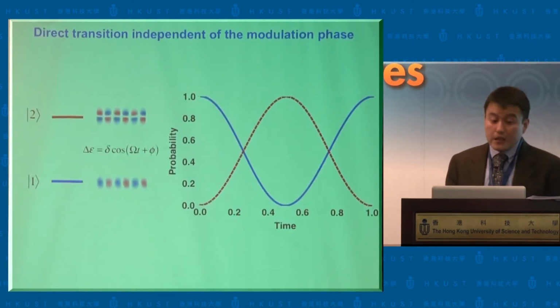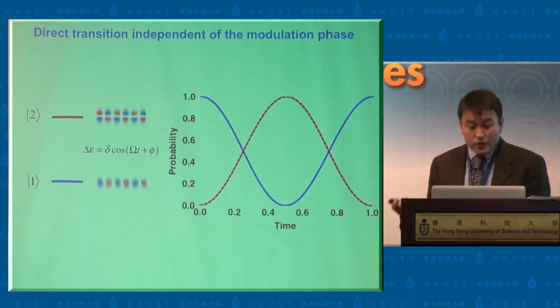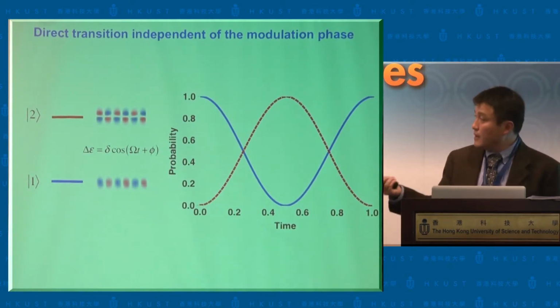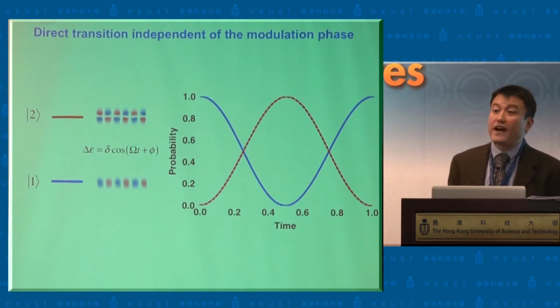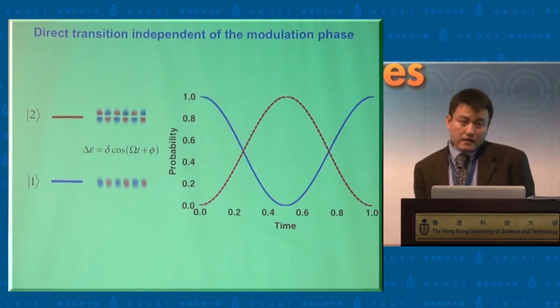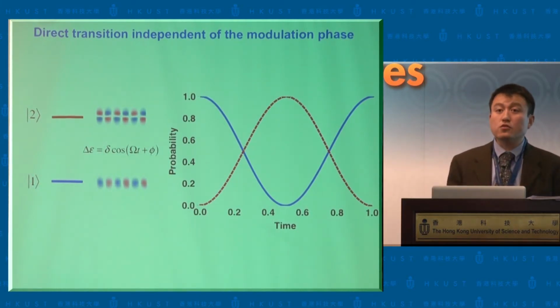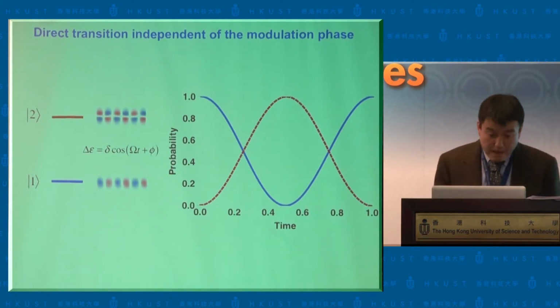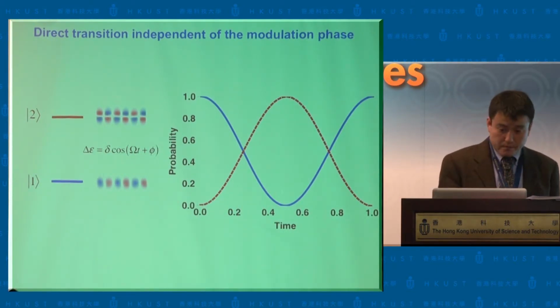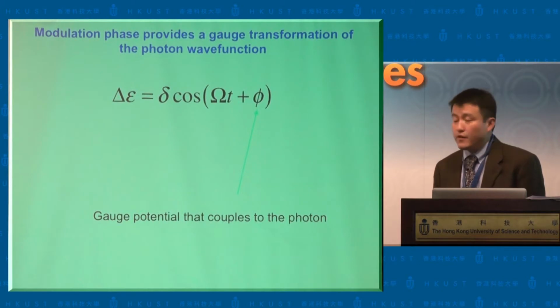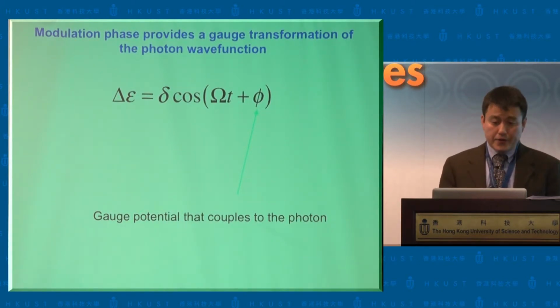So indeed, if you actually would do this same kind of calculation, but now you use a modulation pattern with a slightly different phase, you will get an identical oscillation between these two states. And that's basically what the physics should have told you. But now what you have is a very interesting scenario.